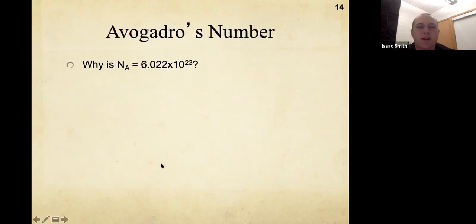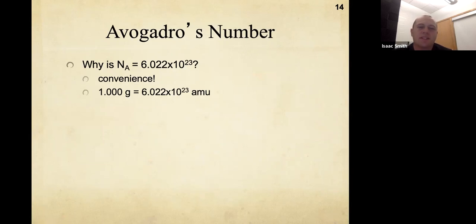So Avogadro's number, why is it this random 6.022 times 10 to the 23rd? It's really just convenience. 1 gram is equal to 6.022 times 10 to the 23rd atomic mass units.